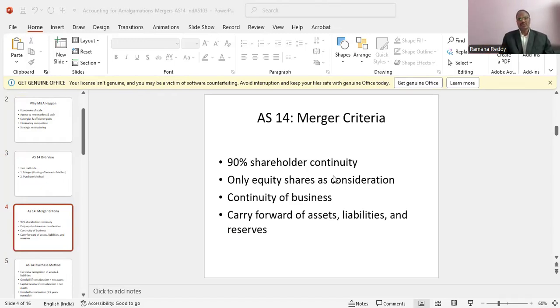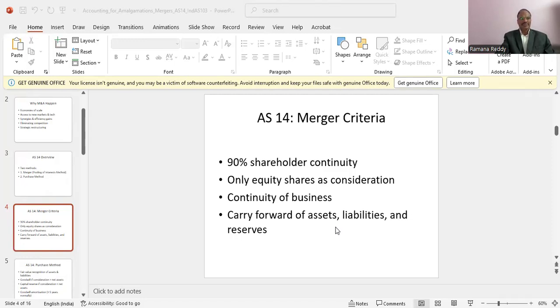The consideration is only equity shares, except for fractional entitlement, and the business of the transferor is intended to continue. No adjustments are made to the book values, except to ensure uniformity of accounting policies, carrying forward assets, liabilities, and reserves.